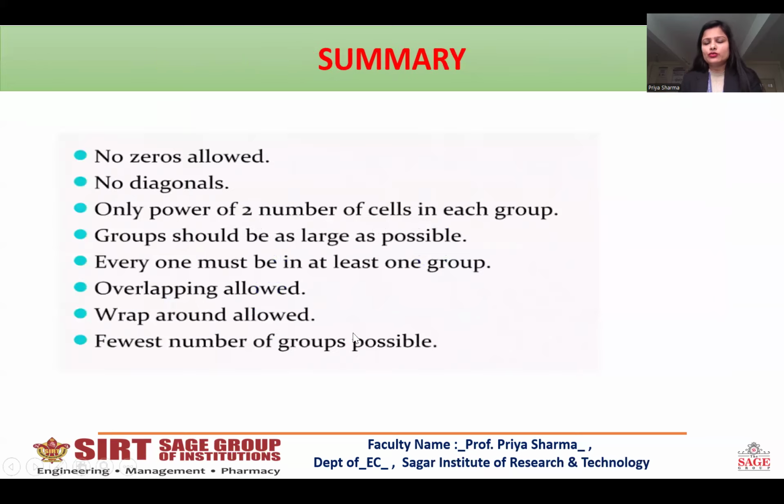So to summarize the rules of the K-map, no zeros are allowed in the K-map grouping. No diagonal grouping is allowed. Only power of 2 number of cells in each group should be there. Group should be as large as possible. Every one must be in at least one group. Wrap around is allowed, overlapping is allowed, and fewest number of groups should be there.